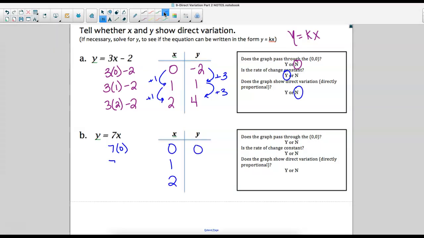If x is 1, 7 times 1. What's 7 times 1? 7. 7 times 2. 14. Does it go through 0, 0? 0, 0 is there, so we would say yes. Is it constant?